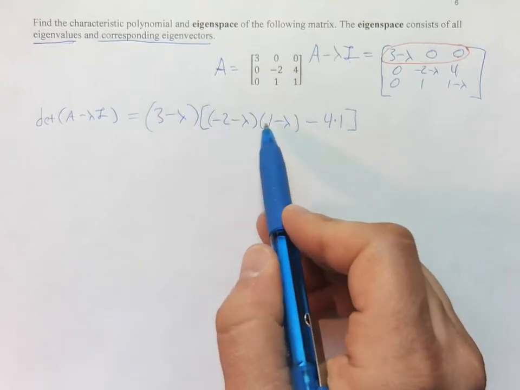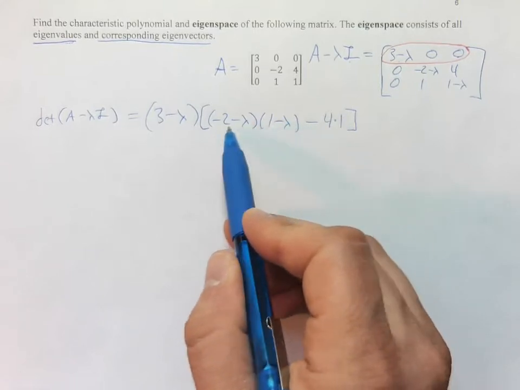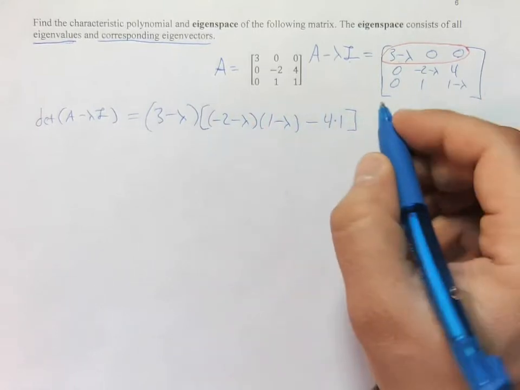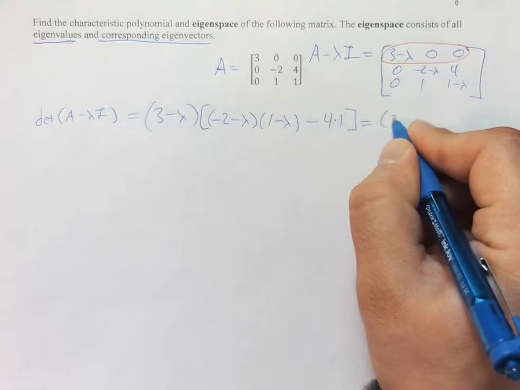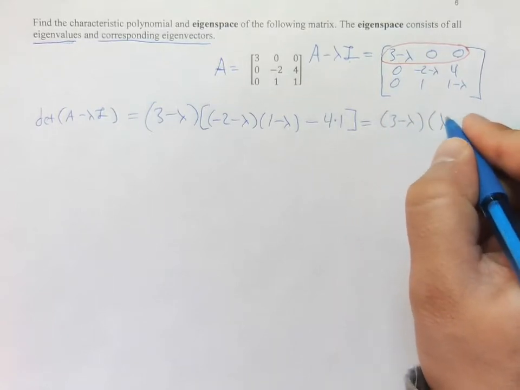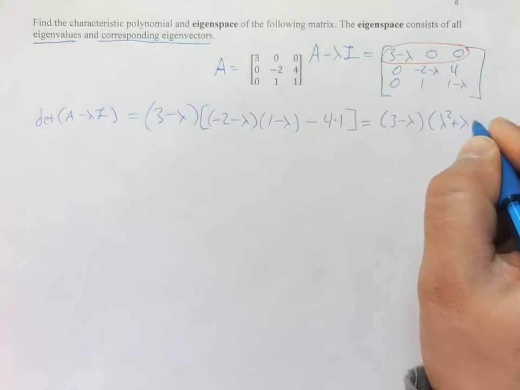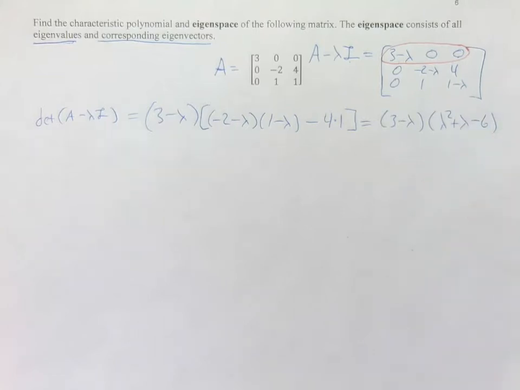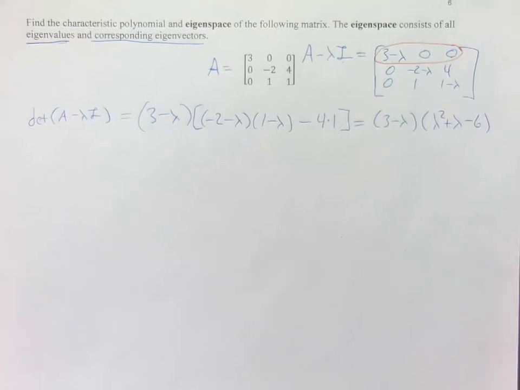I'm just going to distribute these two parentheses in here and simplify this inner part, and this ends up being 3 minus lambda times lambda squared plus lambda minus 6. And we want to solve this equal to 0, so we're going to set it equal to 0 and solve.